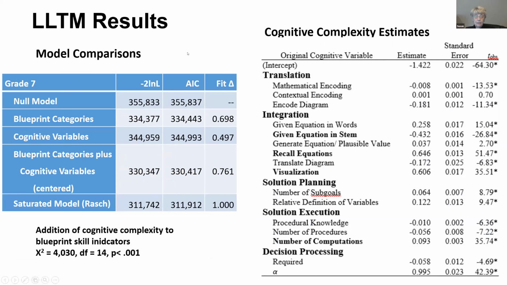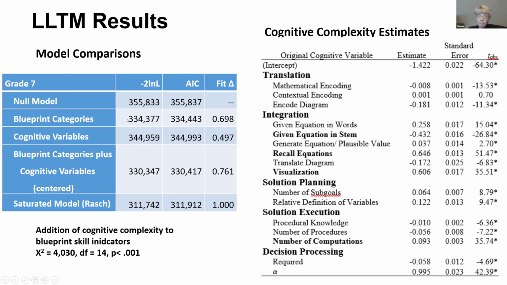Now, model comparisons. How well do these models explain item difficulty? And so you can see here the listing of the cognitive variables. And of course, we have the blueprint categories. And results are shown here. I have a fit index. It's kind of like a multiple correlation, but it's based on likelihood ratios.